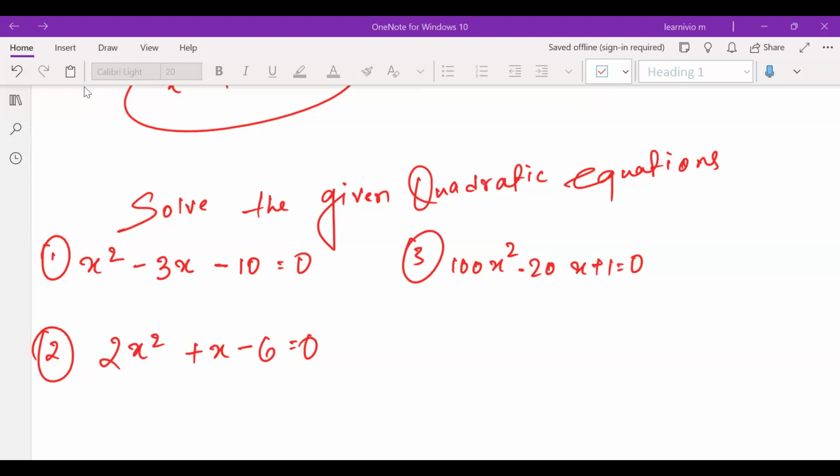Ma'am, I got x is equal to 5. X equals 5. Just 5.